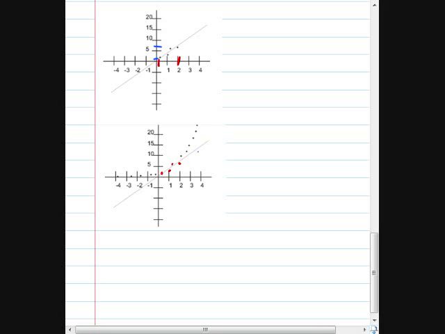For example, if I wanted to predict the y value at x equals 4, according to my line of best fit, it looks like it's approximately 14. But if we actually look at the data set, if we follow this exponential trend, it's really someplace up here, much greater than 14. So our approximation would be very far off from the actual value.